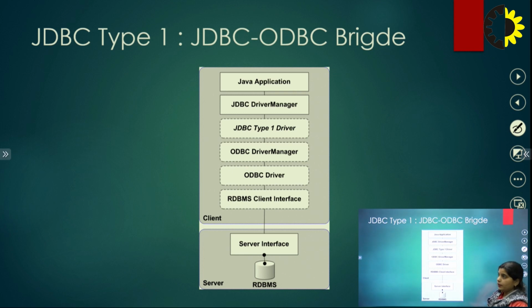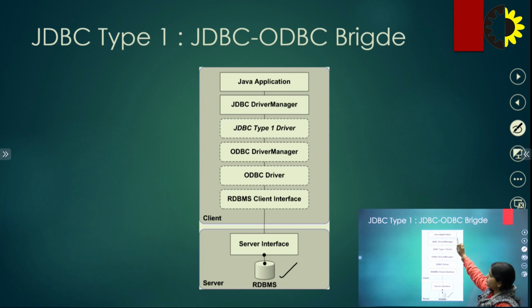The first one is written with native code only. This is the type 1 JDBC-ODBC bridge. In this we have the client side and the server side. On the server side we have the RDBMS, which has its connectivity with the server interfaces.